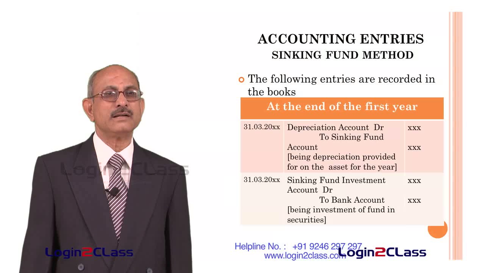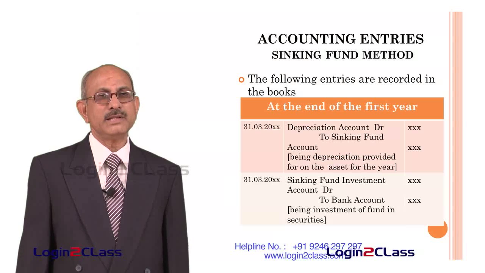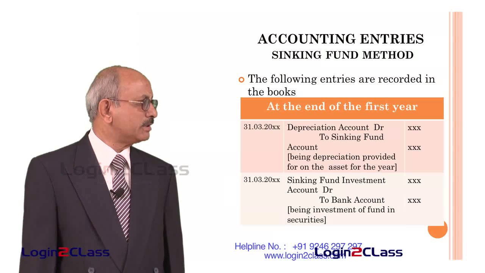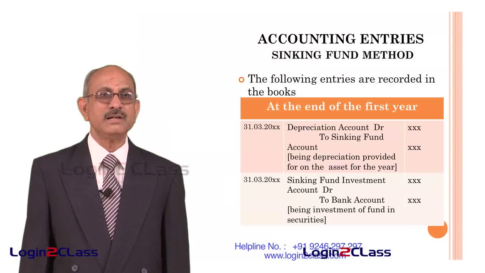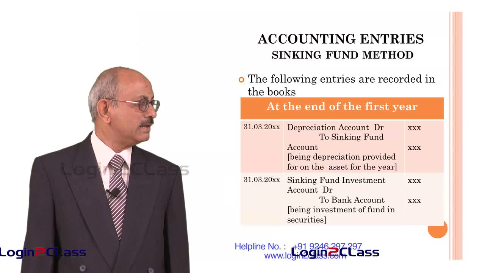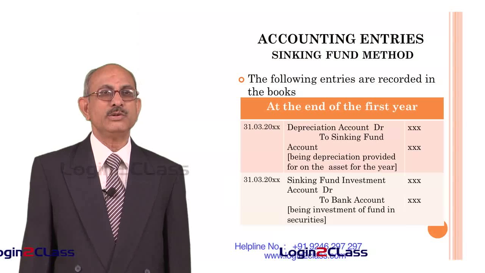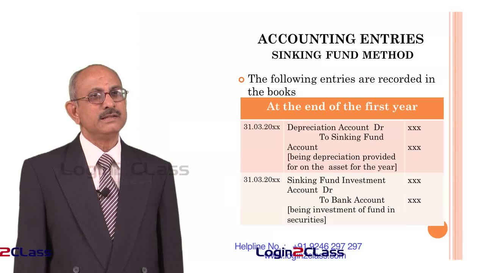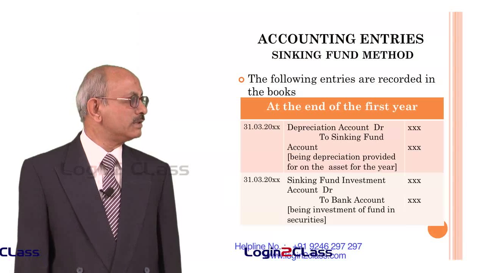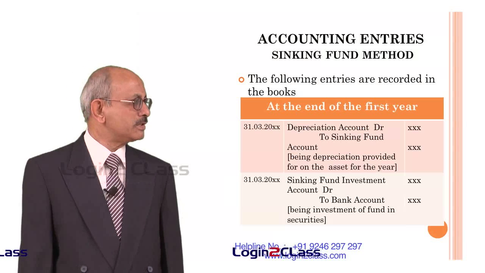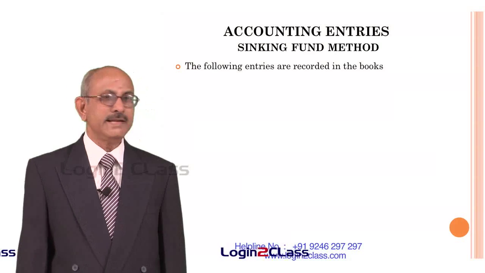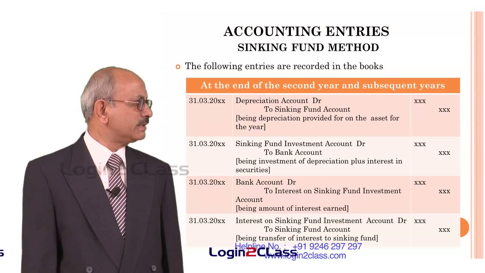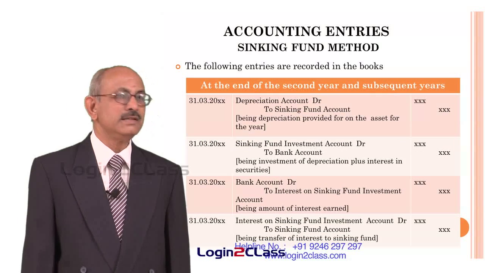That means the bank account is credited, that amount is taken out and kept separately in the form of a sinking fund investment account. This is the amount invested in securities. That means the depreciation, whatever is calculated, is invested separately, so that it is not used for any other purpose by the entity.